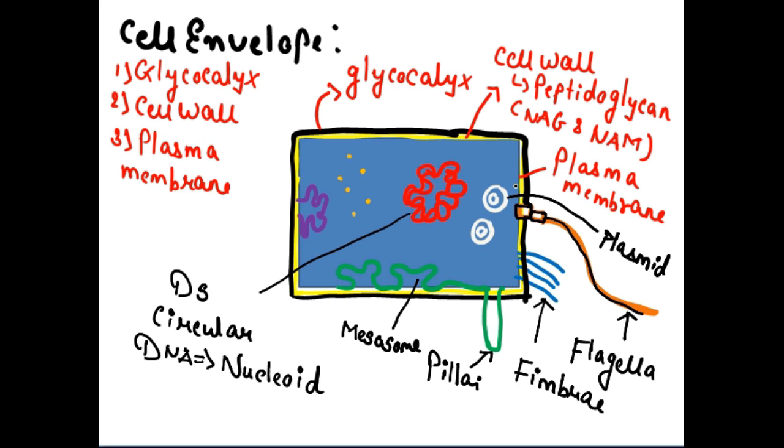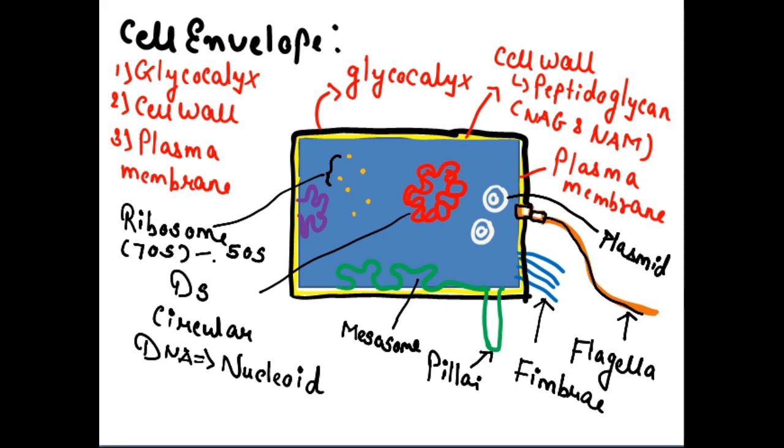Then there is another granule-like structure called ribosome. In bacteria the ribosome is of 70S. They are made up of two subunits, 50S and 30S.